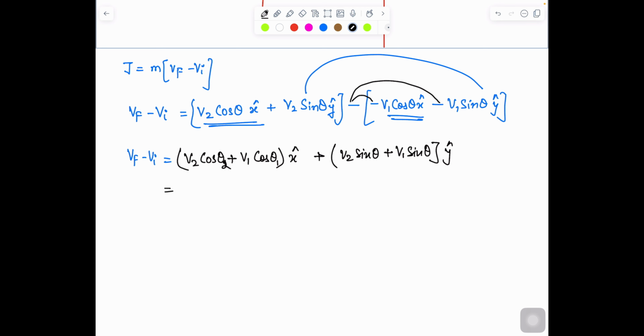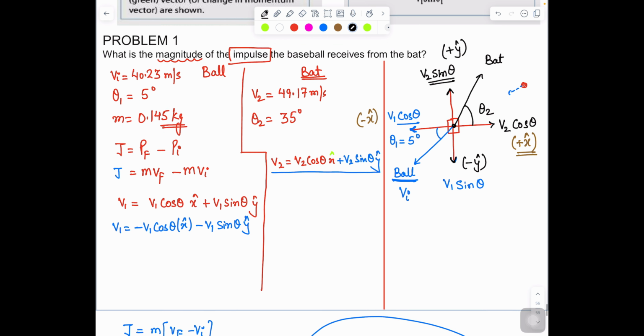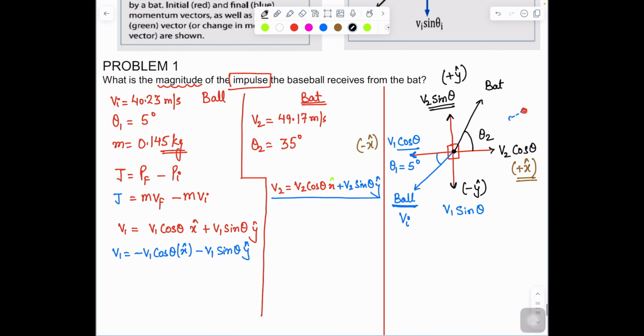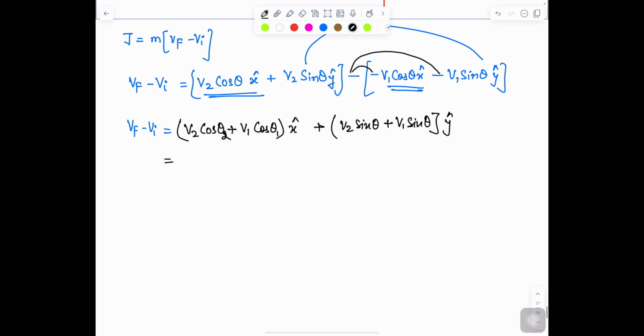What is V2 we have? Just check it. V2 we have 49.17. So 49.17 cos of, what is the angle we have? We have cos of 35 plus, solve it. V1 is 40.23 cos of theta 1, cos of 5 degree.